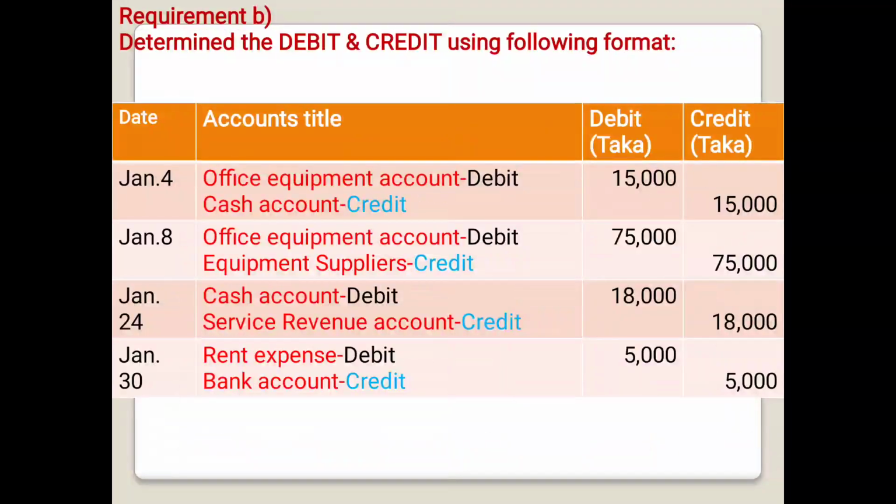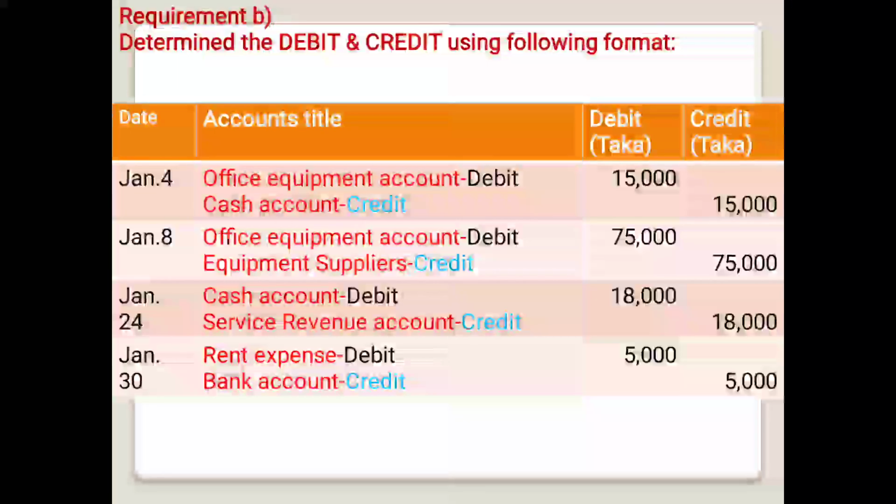Let us see. Determine the debit and credit using the following format. Totally 4 columns are available: date, accounts title, debit taka, credit taka. Only 4 transactions are indicated. January 4, office equipment account debit, cash account credit.